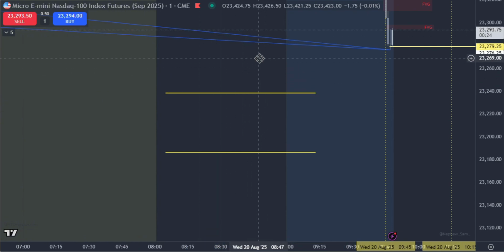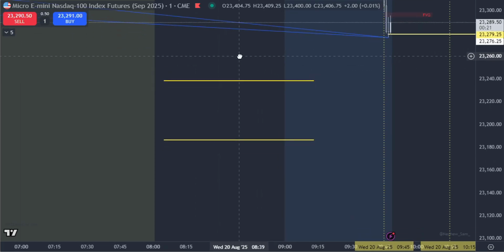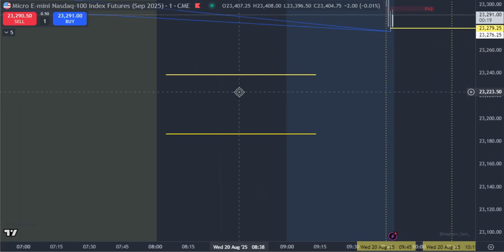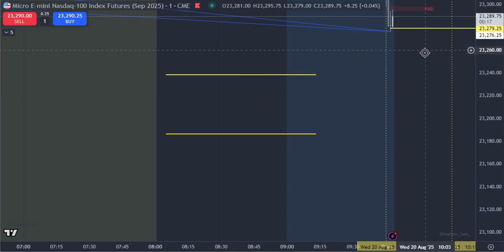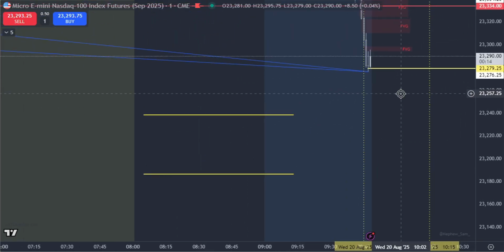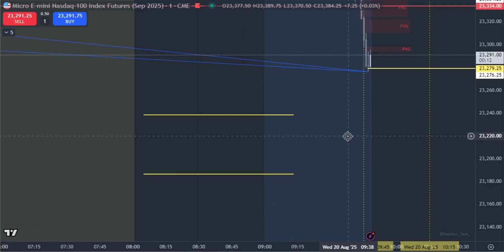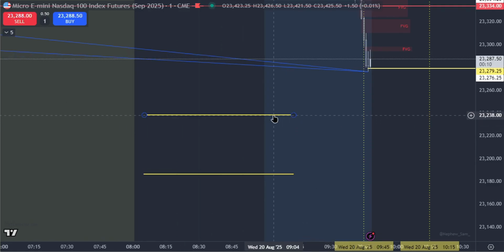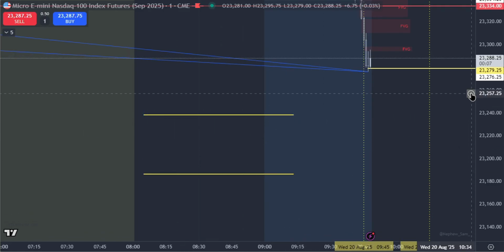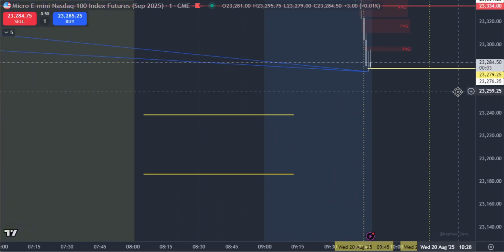Somebody had asked me a question about price cycles. I don't look at price cycles. I normally just stick to time cycles, but price cycles work similarly. The way they work is, if your higher time frame high could be like 23,000, right?